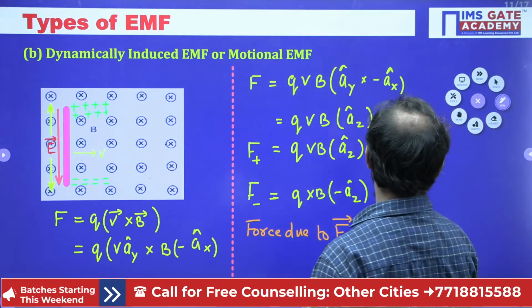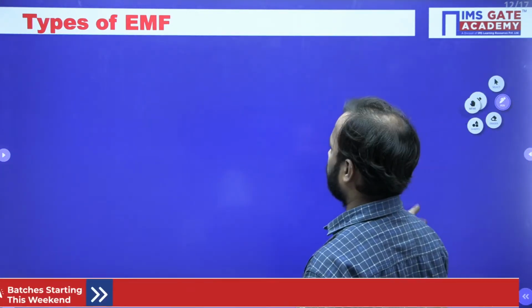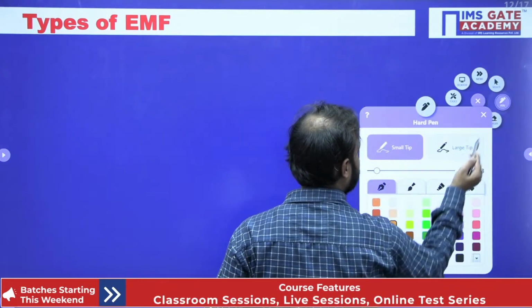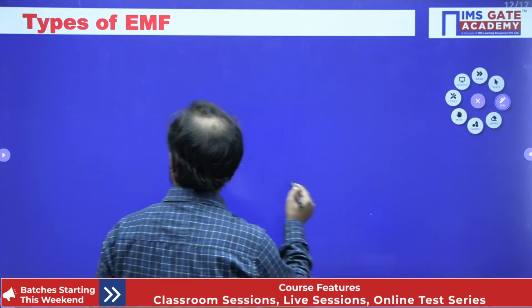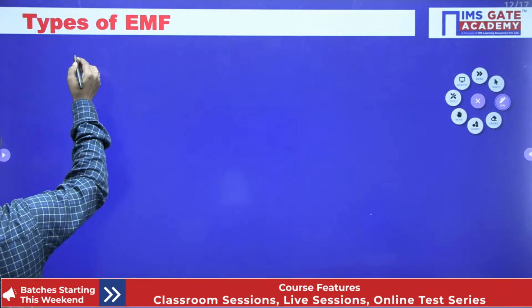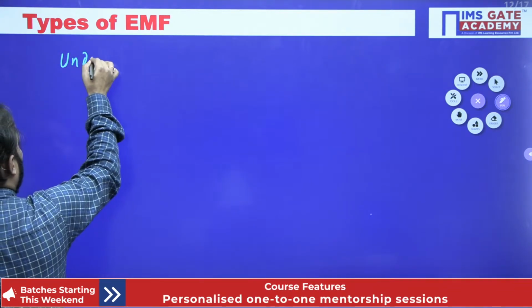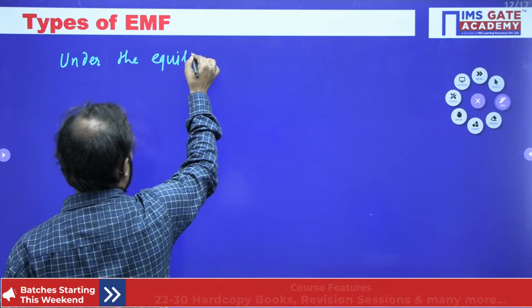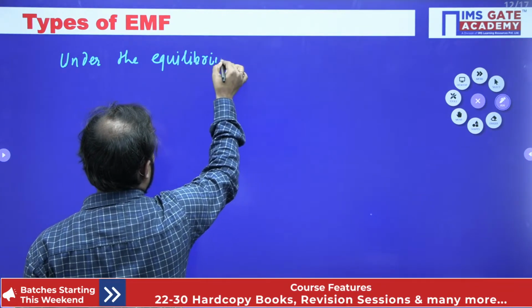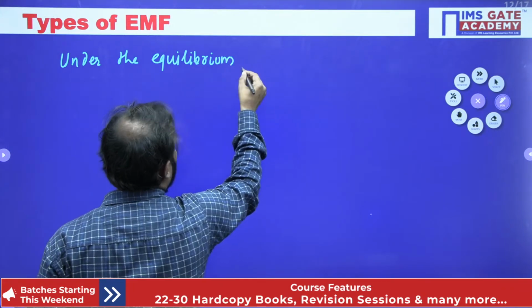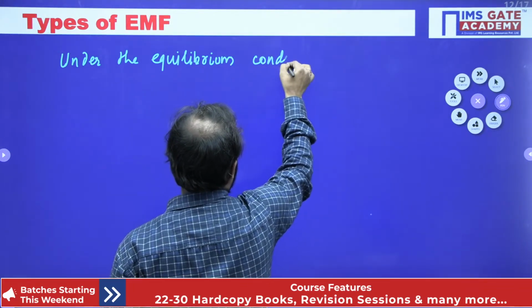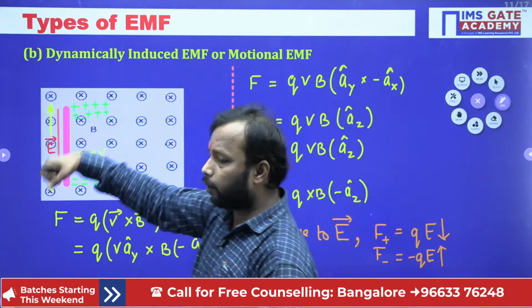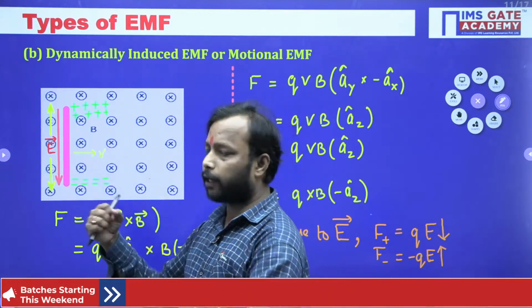So under the equilibrium condition, the magnetic field tends to move the charge upward and the electric field tends to move it downward.